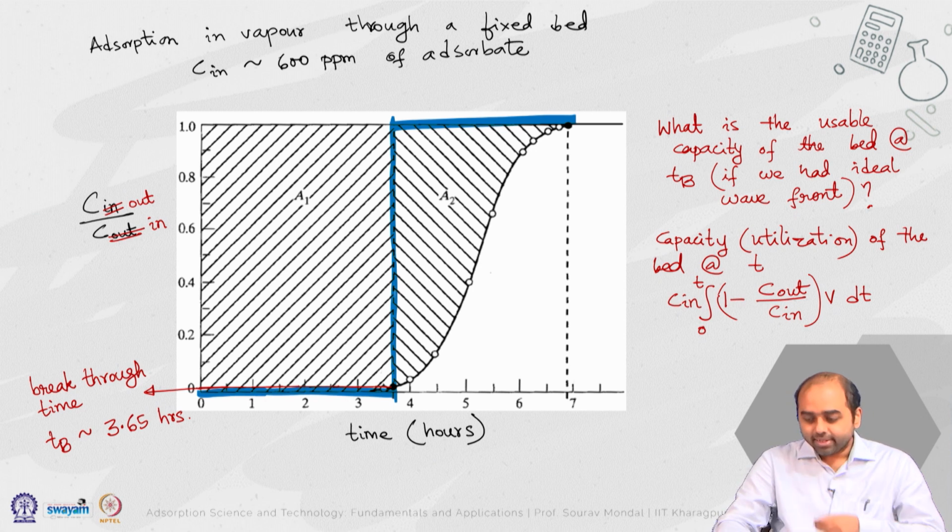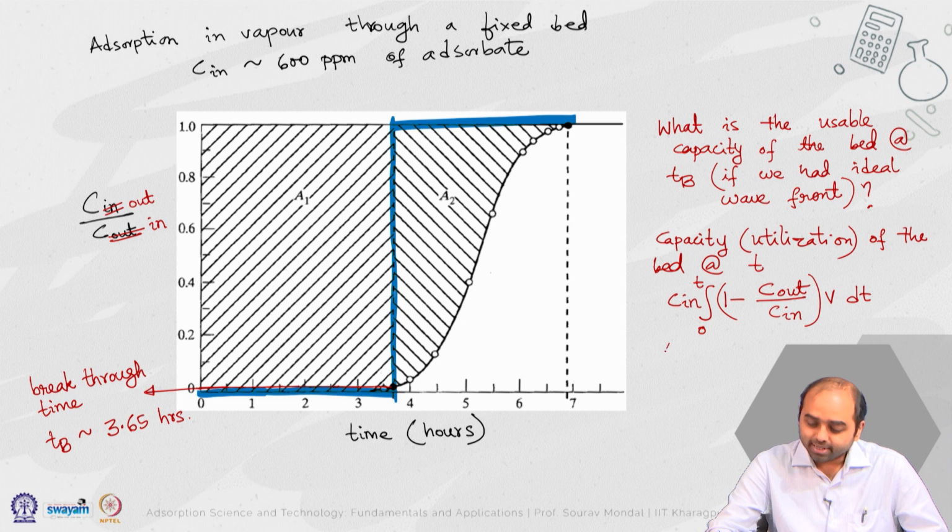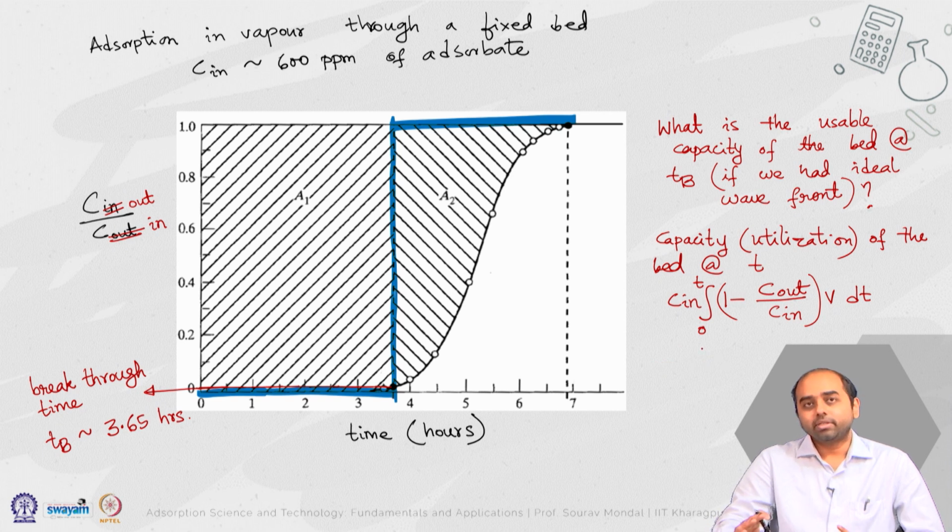Now, in some way this is linked to the portion of the shaded area. So the shaded area reflects the capacity of the bed, or at least the fractional capacity of the bed can be related to the shaded area here, like the area of A1 with respect to this area present here.